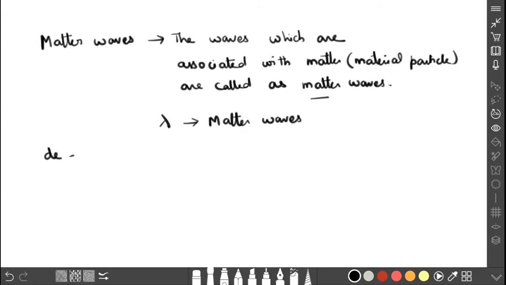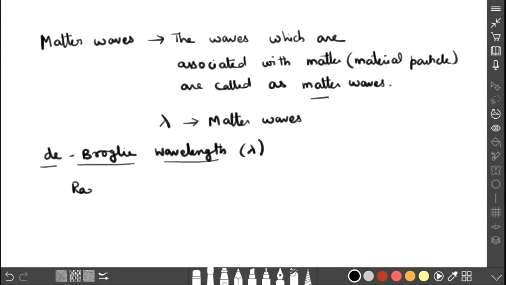Now we are going to find the de Broglie wavelength. The wavelength associated with the material particle is known as the de Broglie wavelength. Here he takes the proof from the dual nature of radiation. So what is radiation?